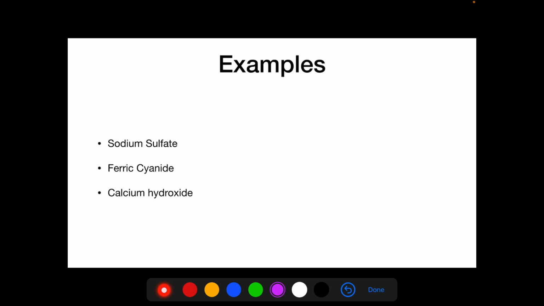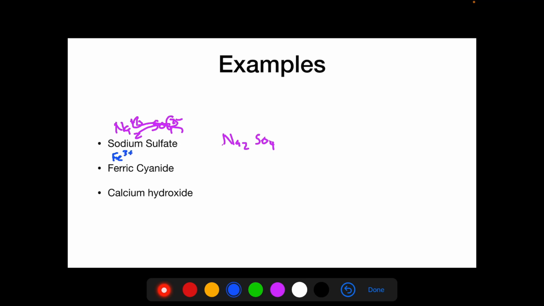So if we look at an example here, sodium sulfate. Sodium is Na plus, sulfate is SO4 2 minus. So those aren't equal, so I have to do the flip thing. So I should end up with Na2SO4. Ferric cyanide, ferric is iron 3.